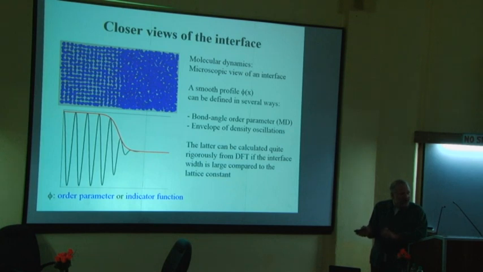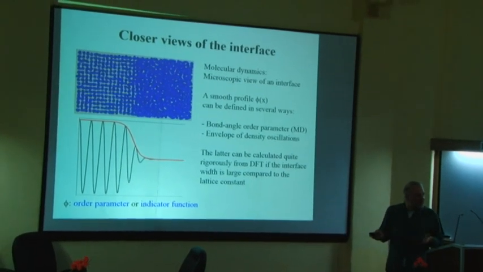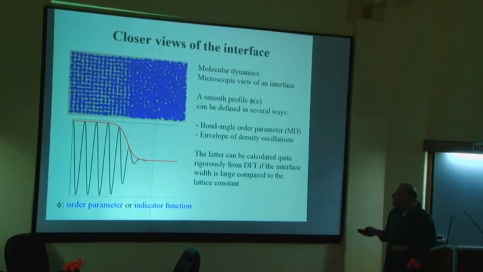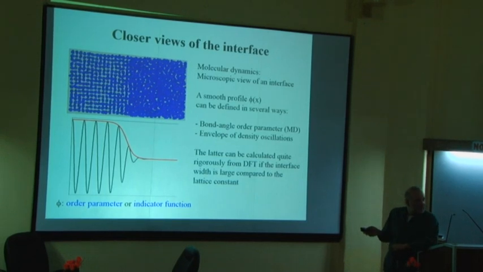If you are in an ordered structure, these angles are always approximately the same, whereas in the liquid, you can have any value. So you take the variance of this angle distribution, and you get an order parameter. There are well-defined procedures of doing so, and you can define a function that takes one value here and the other value there, and has a gradual variation through the interface.